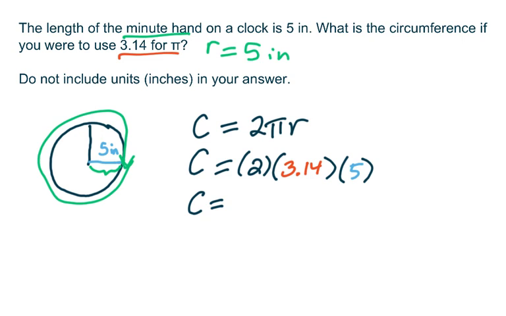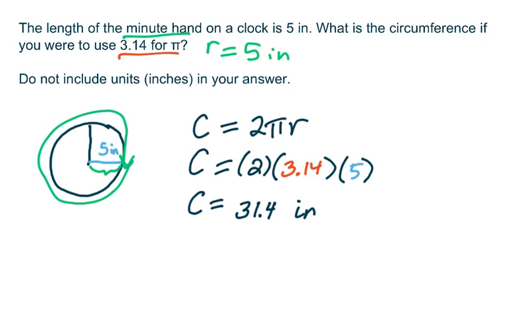I can actually do this without a calculator because 2 times 5 is 10. And then 10 times 3.14 means that the decimal moves one place to the right, so I'm going to end up with a total of 31.4, for 31.4 inches for my answer.